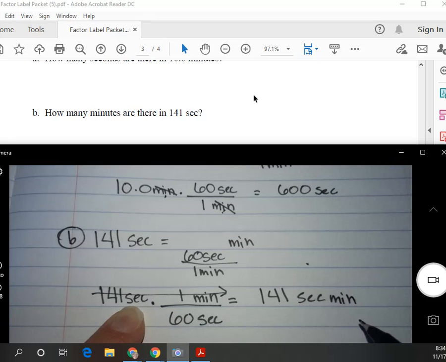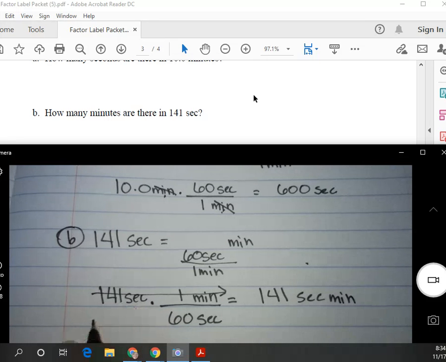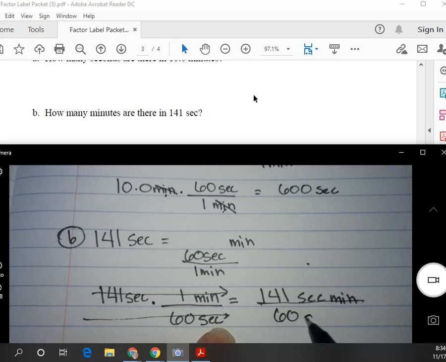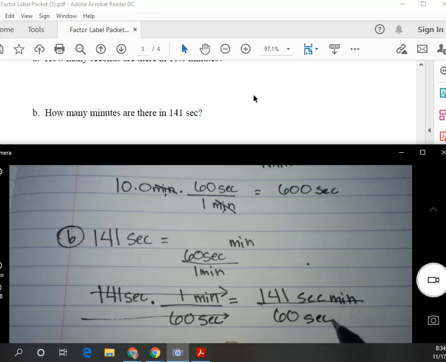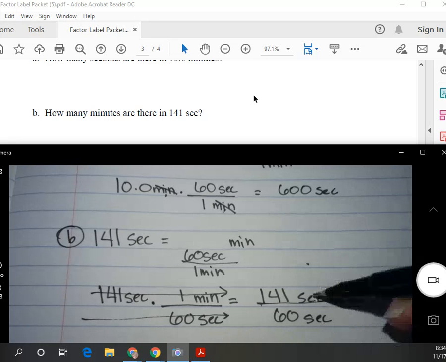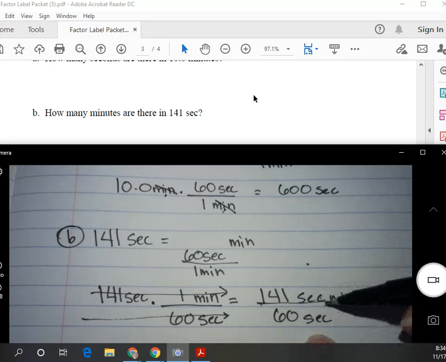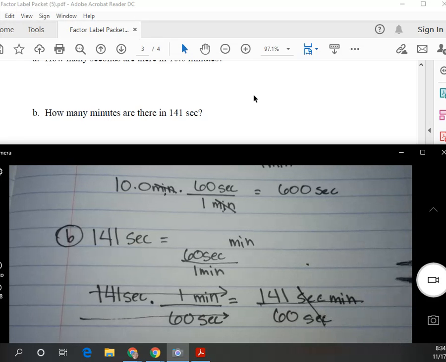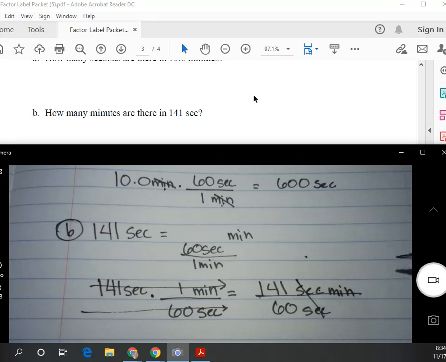That's not a thing, is it? Second minutes? No. So then you multiply straight across the bottom. You get 60 seconds because there's nothing to multiply by. And we can see that that seconds is going to cancel because seconds divided by seconds gives me 1, and multiply 1 by anything and it's just itself.